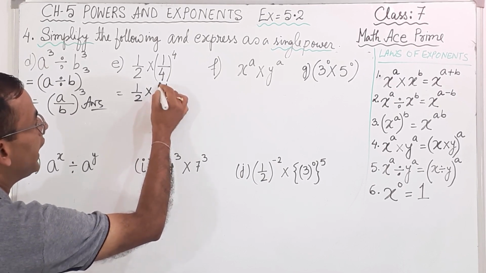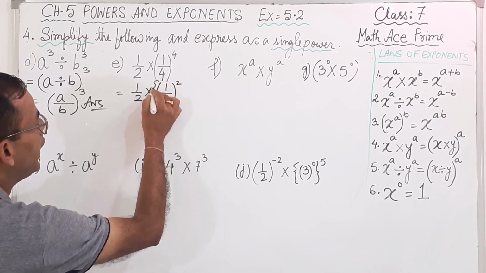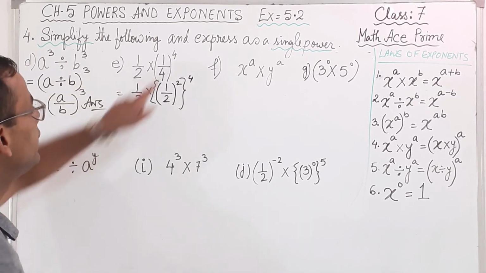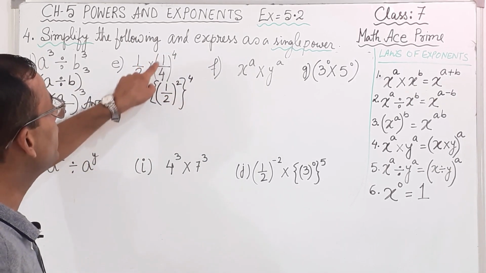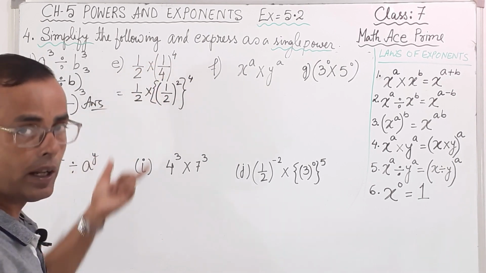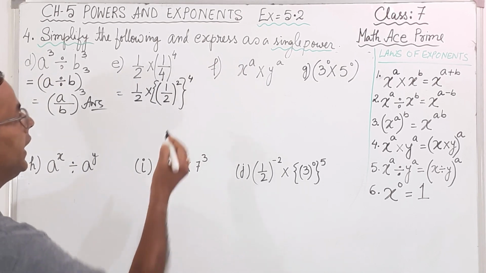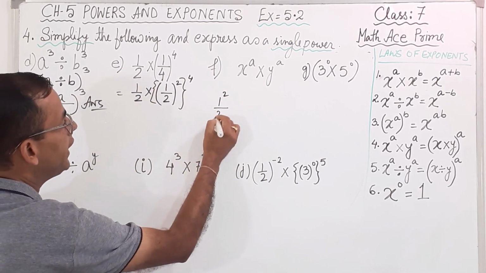And then can I make it to the power 2, and then again to the power 4. Okay, this to the power 4 is there. But this one, see, 1 I can write 1 square, 4 I can write 2 square. See nicely, understand, 1 I can write 1 square and 4 I can write 2 square.